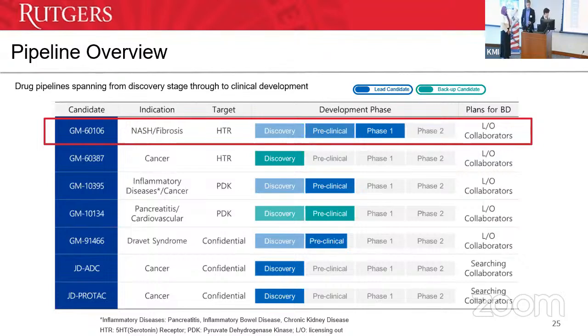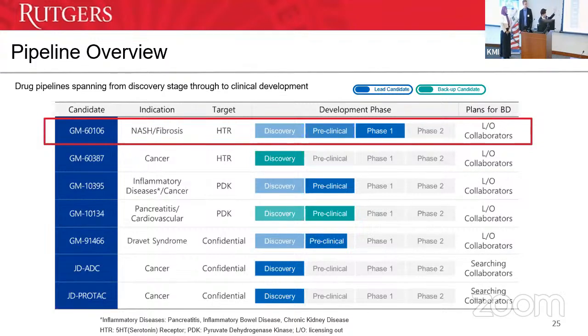Having multiple programs might not be ideal. In this case, they do have their lead asset in phase one, and they're putting a lot of resources into maturing that program. But as the company matures and progresses further in its business life cycle, it might be wise to consider consolidating some programs or prioritizing one over the other.